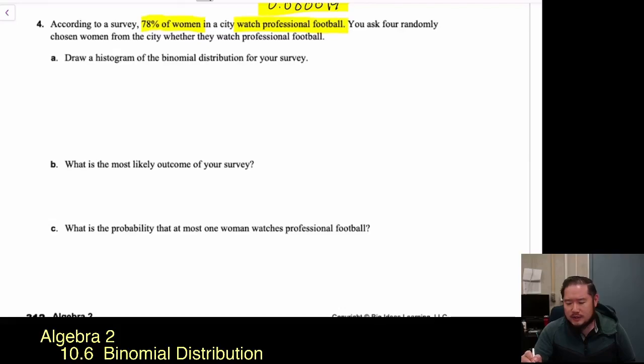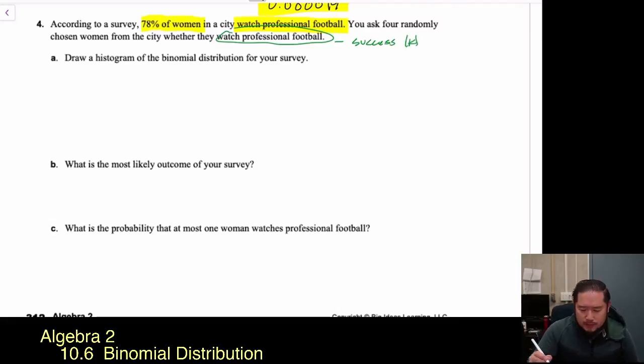For this one, the success we could say is the probability of watching football, which would be represented by k. So let's start from the very beginning. Let's say we have our combination. We have 4 ladies, and let's figure out what if we have 0? What if we have 0 ladies that watch football? So this is the initial combination. And then from here, let's go ahead.